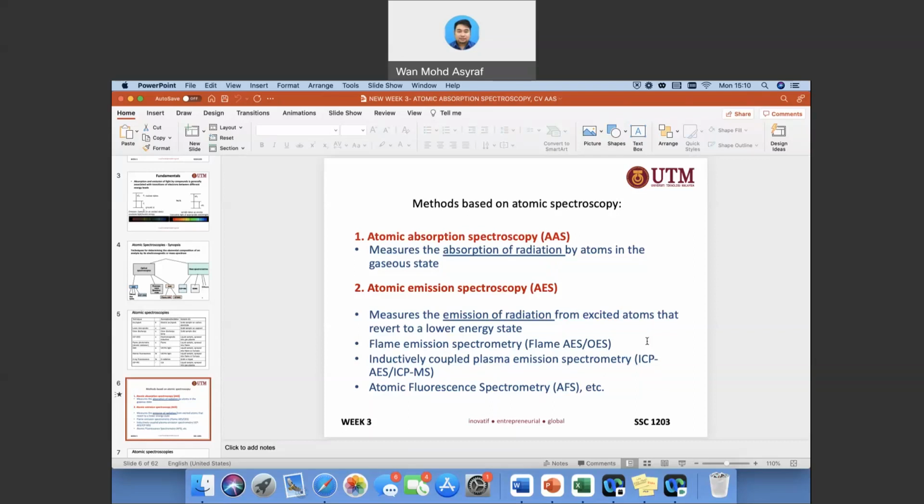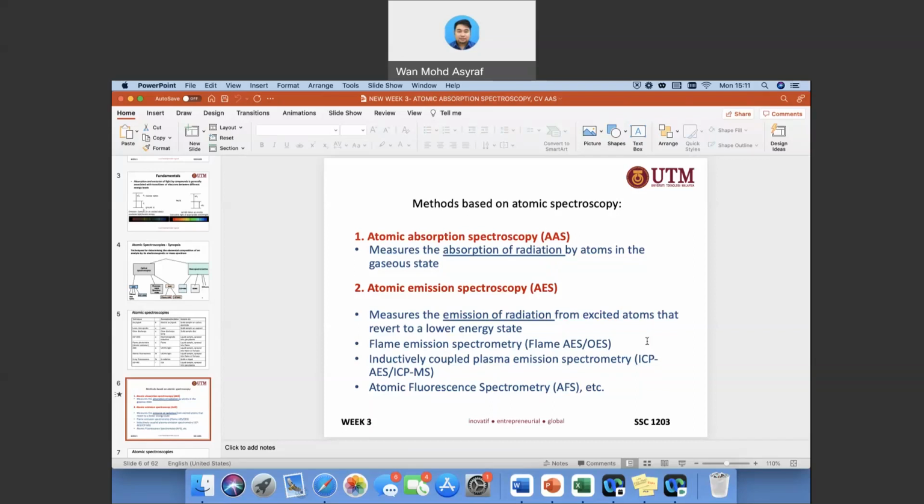This atomic emission spectroscopy might come from flame emission spectroscopy, inductively coupled plasma spectrometry, and also atomic fluorescence spectrometry. All of these instruments rely on the emission part. Yes, it has been absorbed, but it doesn't measure the absorption, it measures the emission.